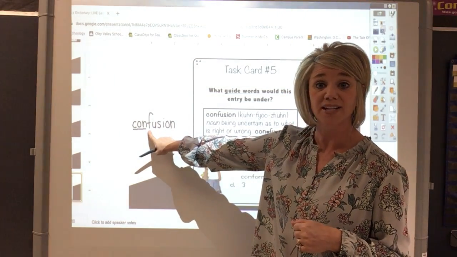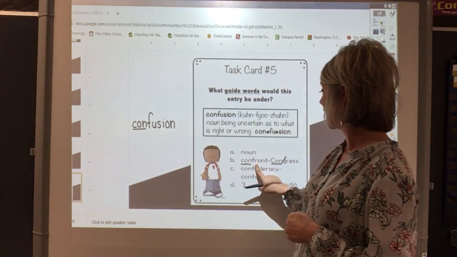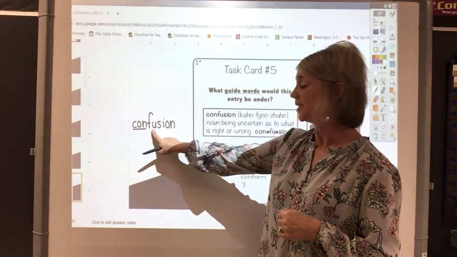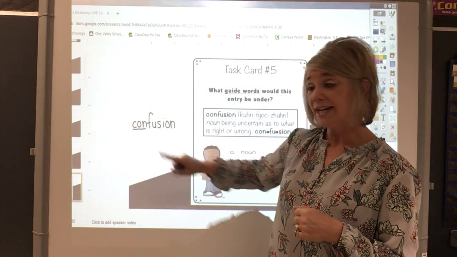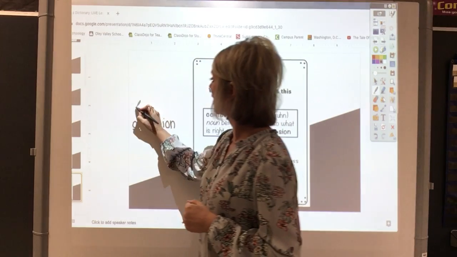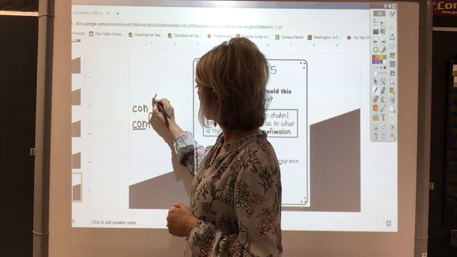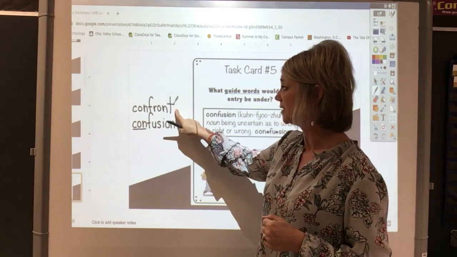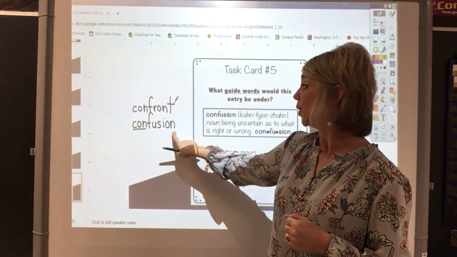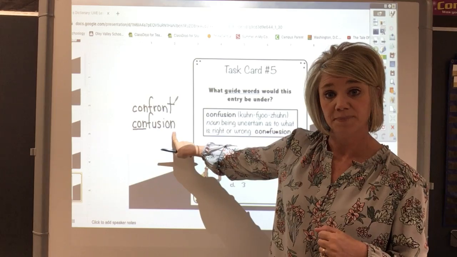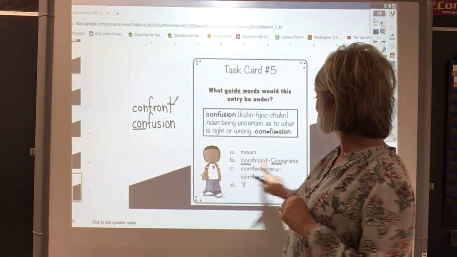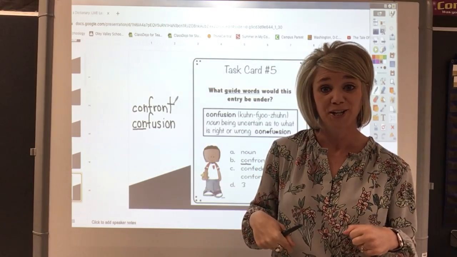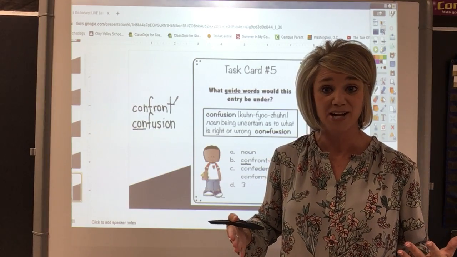So I have to go to the next letter. Here's an R and a U. I know that the R comes before the U, so I know that the word confront comes before the word confusion. So fingers crossed, congress will come after, because then I know we've found our guide words.